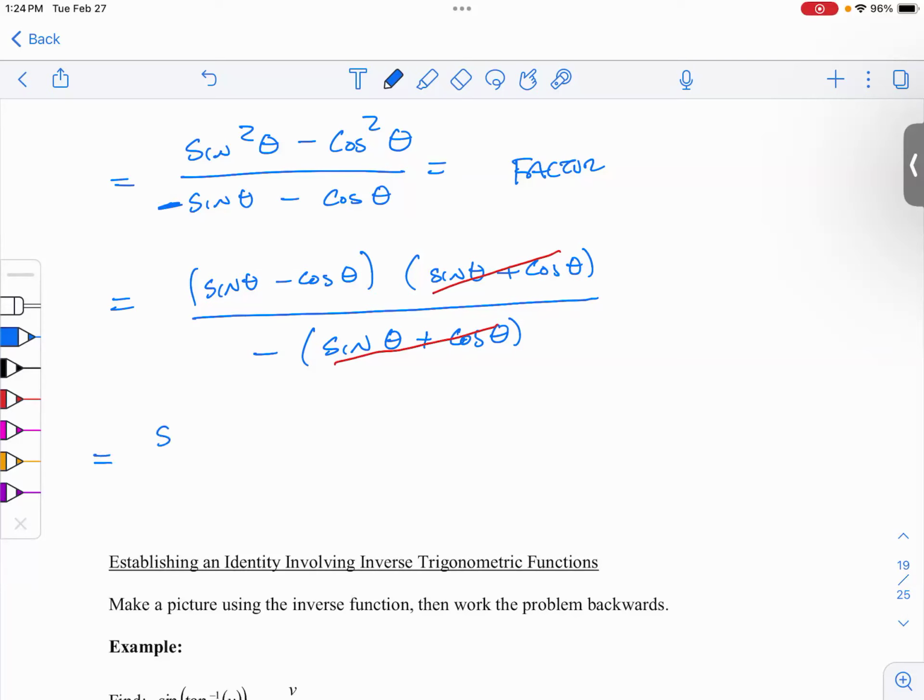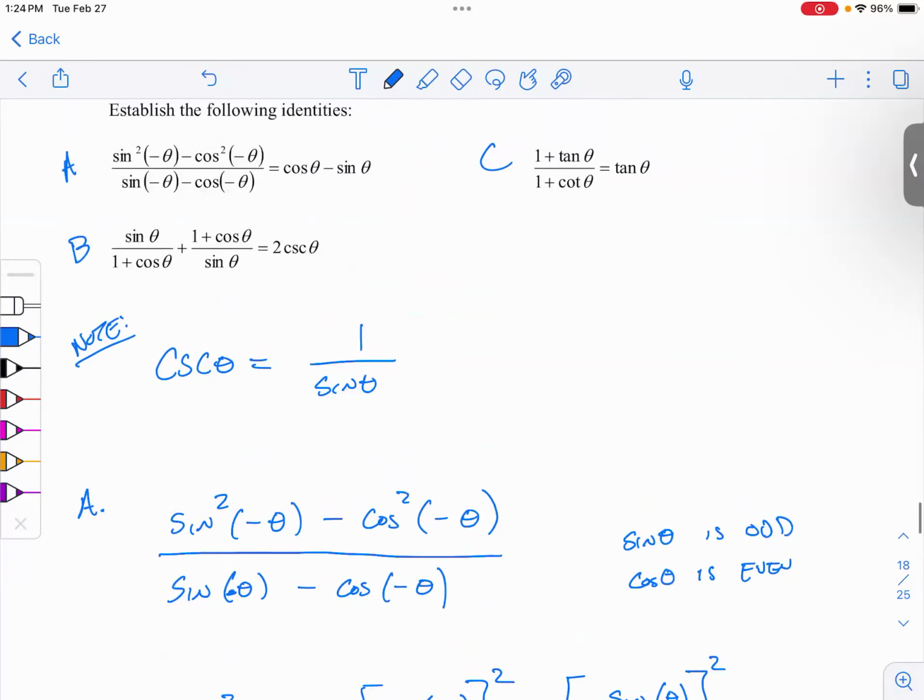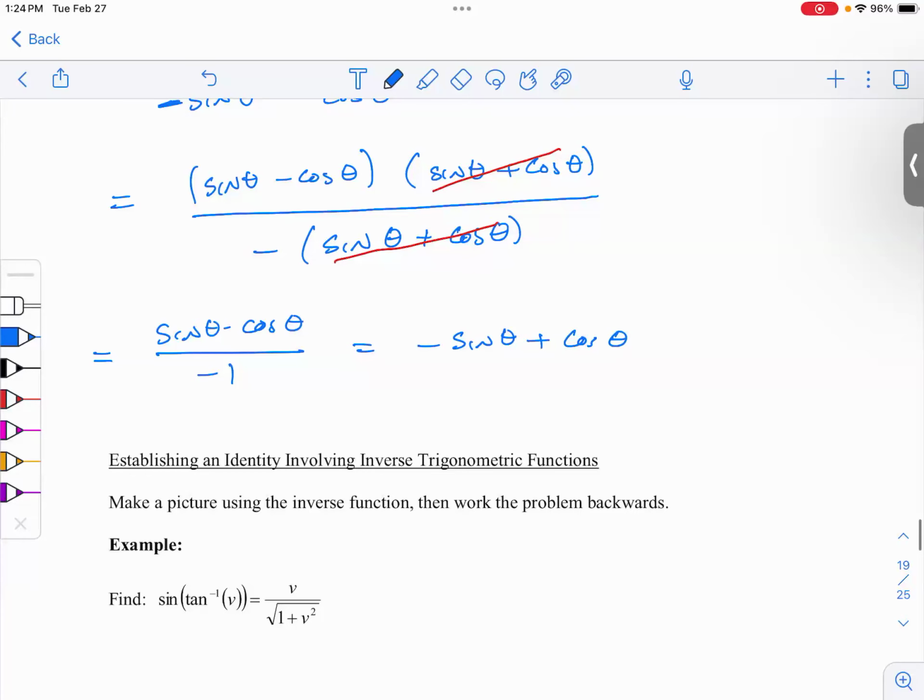And we end up with sine theta minus cosine theta divided by negative 1, which flips those signs: negative sine theta plus cosine theta. And that's what we're looking for. And then just to make it perfectly match, cosine theta minus sine theta.